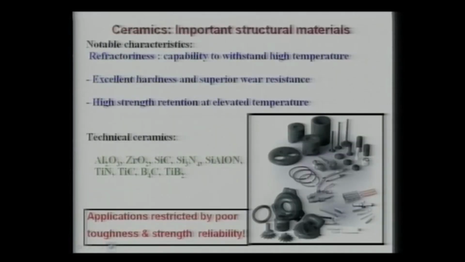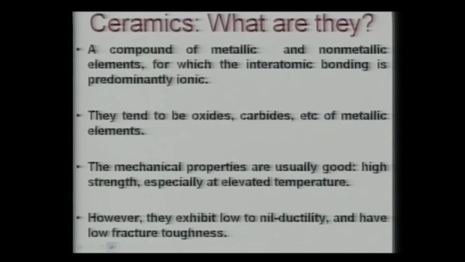Now the third important primary class of materials is ceramics. It has excellent hardness, much higher than metals, and some of the ceramics, alumina and zirconia, are extremely good for biomedical applications. The question is, what are ceramics? Ceramics are essentially compounds of metallic and non-metallic elements, where interatomic bonding is predominantly ionic.